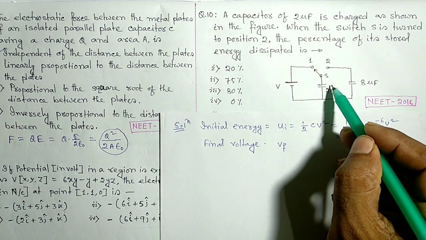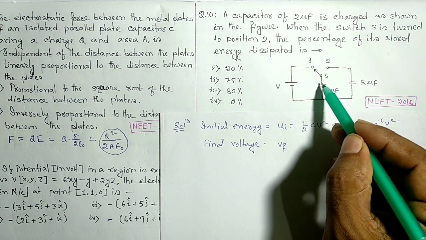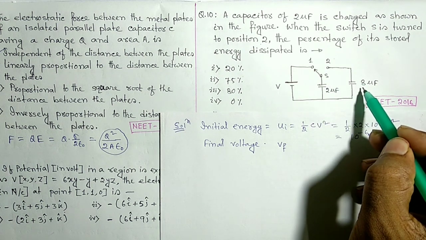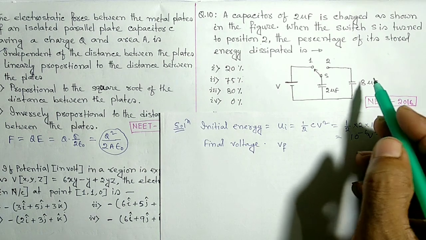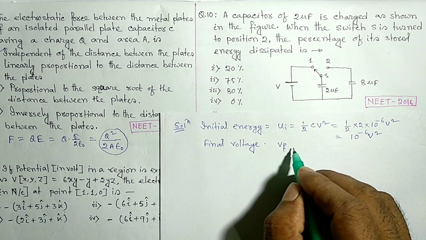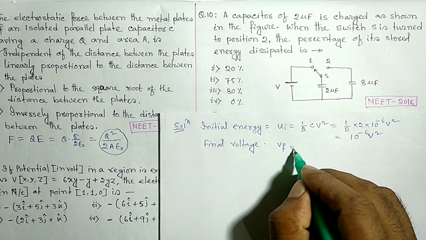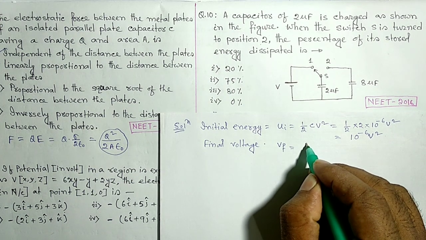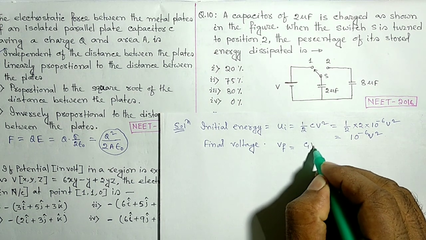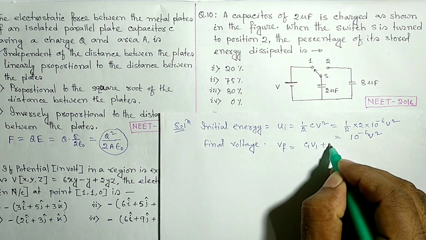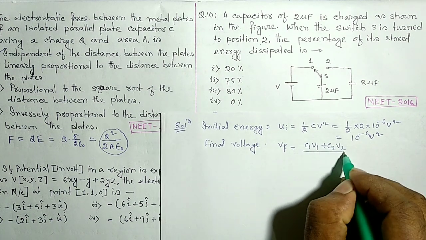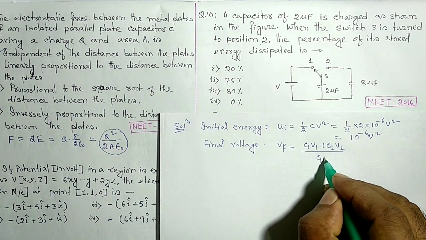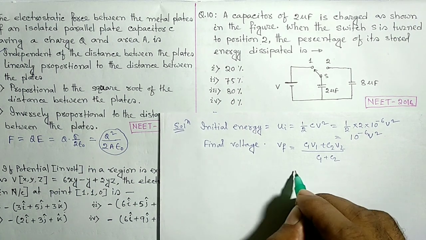This is initially voltage V and this is initially voltage V naught, which is 0. So the common potential is equal to C1 V1 plus C2 V2 divided by C1 plus C2.